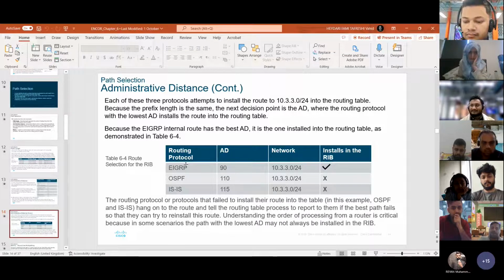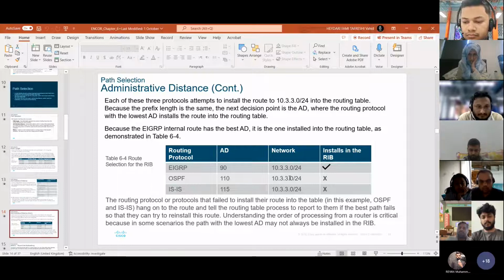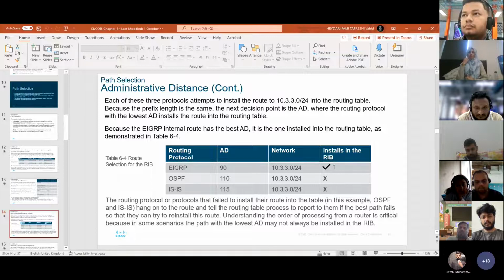The same network was advertised through 3 different routing protocols: one EIGRP, one OSPF, one ISIS. My router has received updates from EIGRP, OSPF, and ISIS for the same network. Which one should I install inside my routing table, or what we know as routing information base? The one which has lower AD, which is 90.